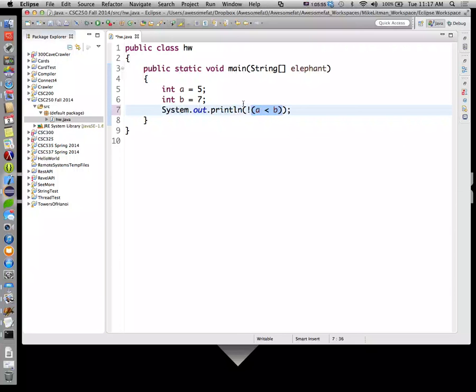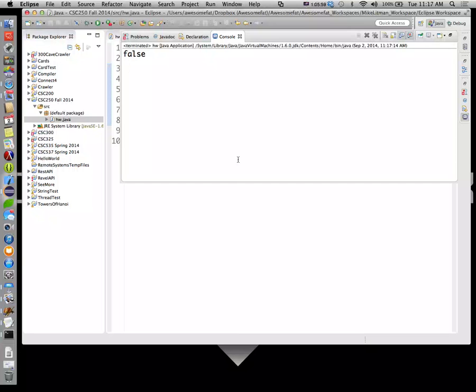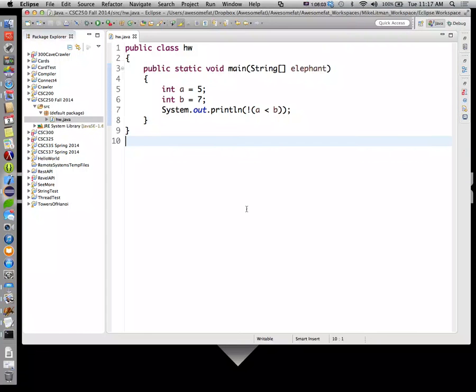Not true is false. Make sense? Again, you have to resolve all of this. So A becomes a 5, B becomes a 7, 5 less than 7 becomes a true. Not true becomes a false. So there's a lot going on there.